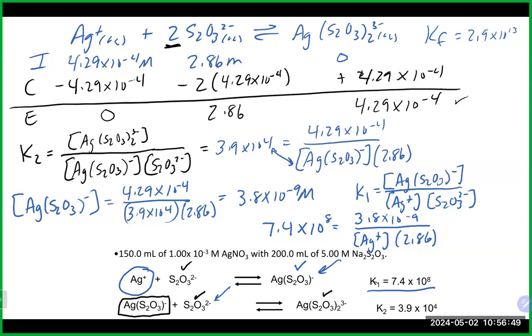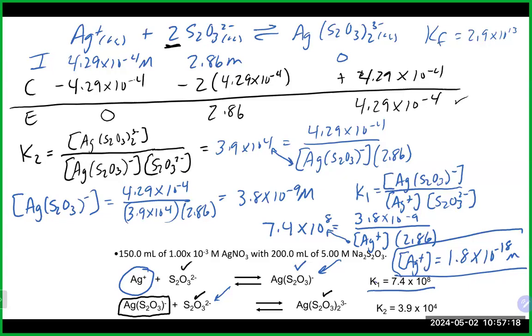Math-wise, we just switch these basically. So that will give us a silver concentration of, and should my silver concentration be a large number or a small number? It should be a really small number, as we've been talking about, and 1.8 times 10 to the minus 18 molar would qualify as small in this case.